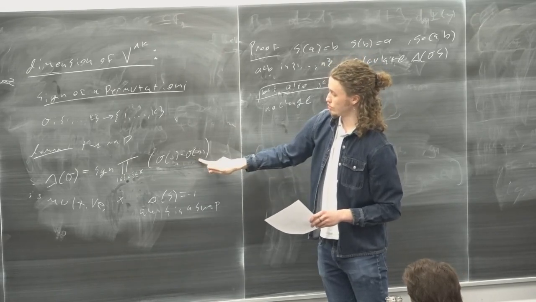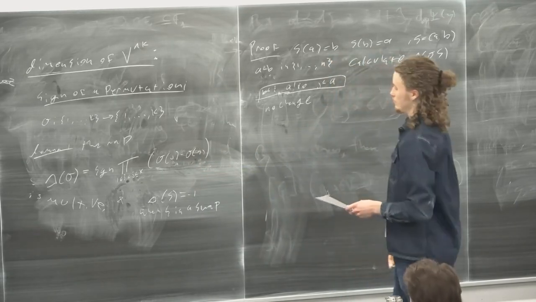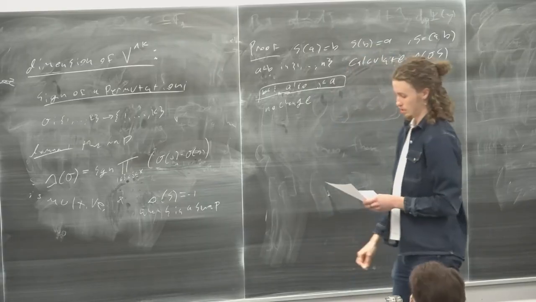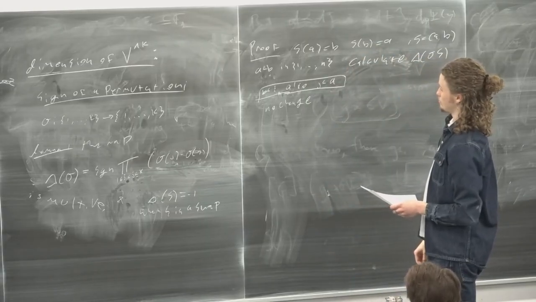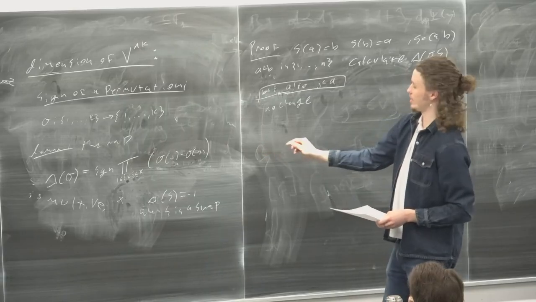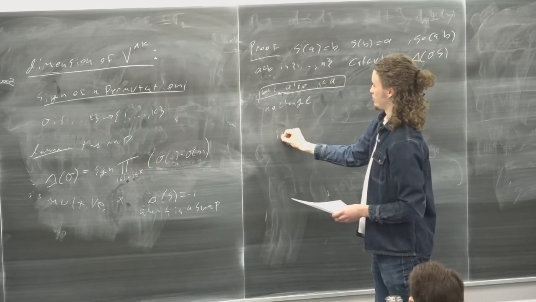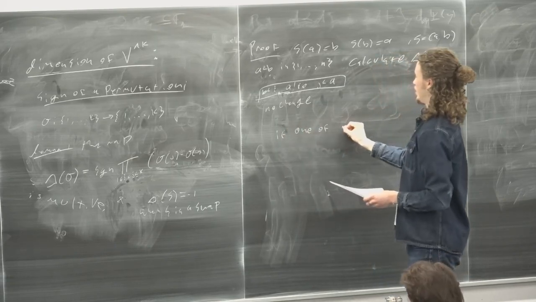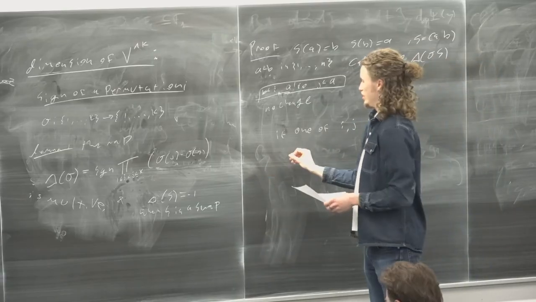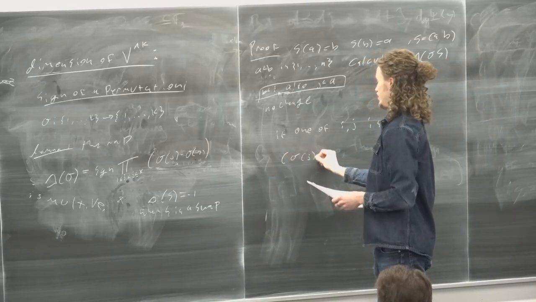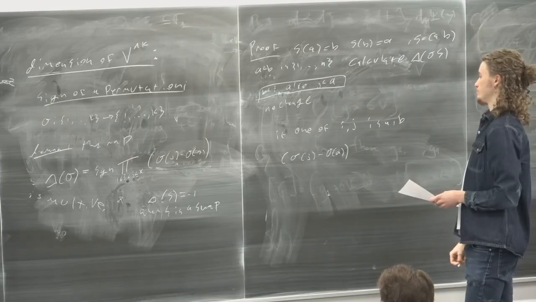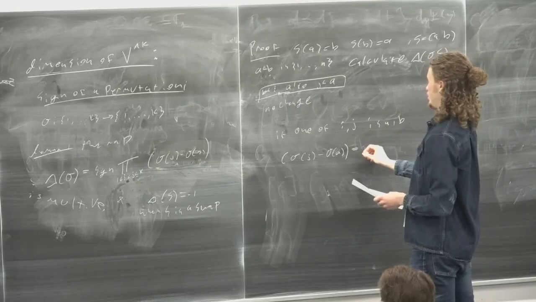What if one of this I or J does get swapped, right? Then what happens, right? How does the sign of this change? Essentially, we don't know how the sign of it changes, but we do know that if one of I, J is a B in the product, then we're gonna have sigma of J minus sigma of say A. This is equal to, well, let me just write over this.